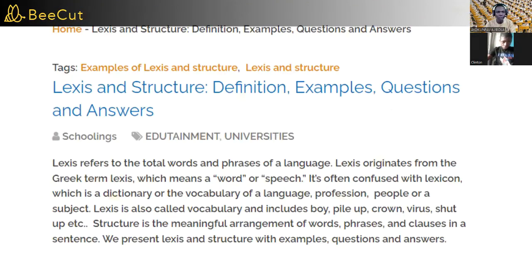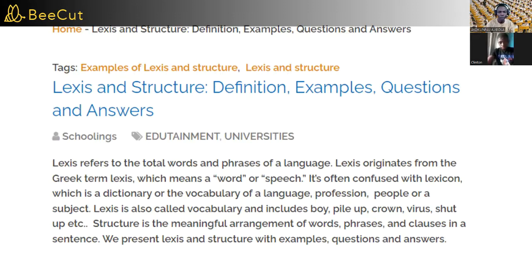Lexis refers to the total words and phrases of a language. You know, there are several languages, yes or no? Okay, we are speaking English right now. We could speak Igbo. We could speak Hausa. We could speak any other language like Yoruba or Greek.